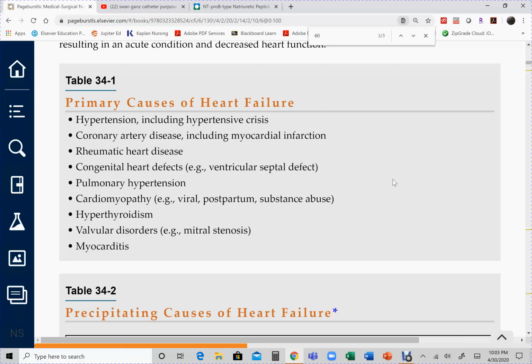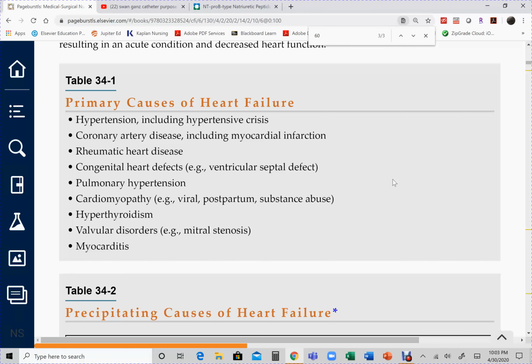Pulmonary hypertension is obviously a chronic or even acute respiratory disorder, namely a pulmonary embolism. COPD also falls under pulmonary hypertension. Sleep apnea can also lead to pulmonary hypertension.